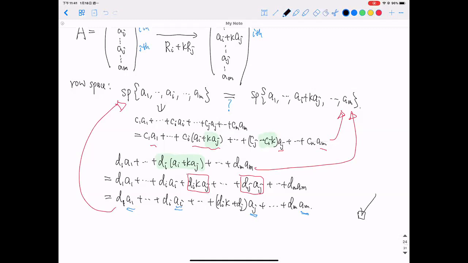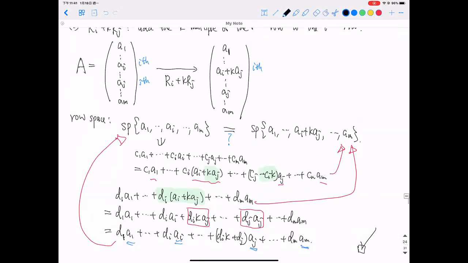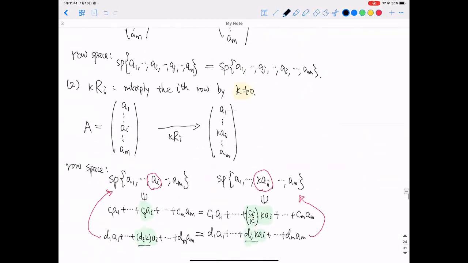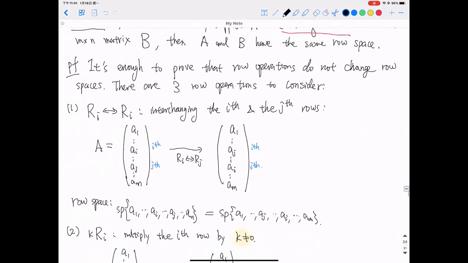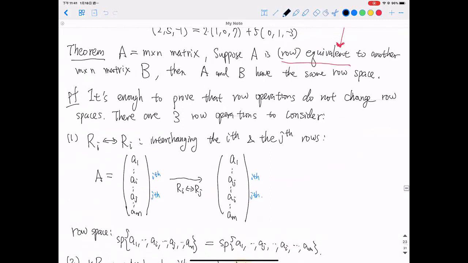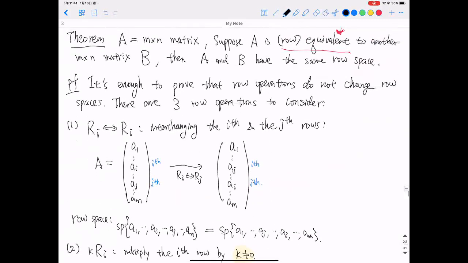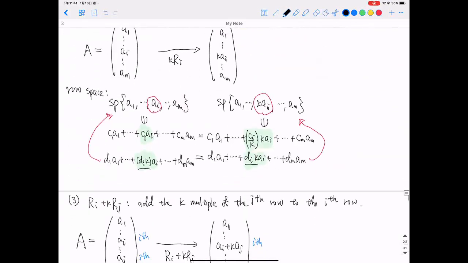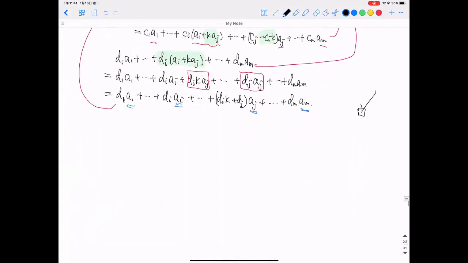These discussions show that the 3 row operations we use keep the row space the same. Therefore, if you perform a sequence of row operations on a matrix, you end up with a new matrix with the same row space.